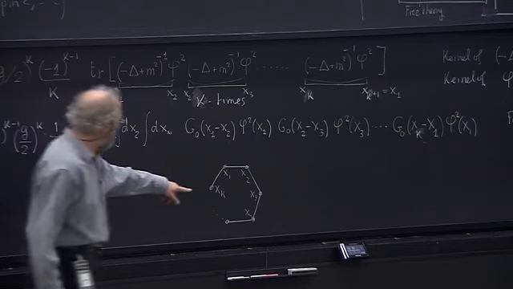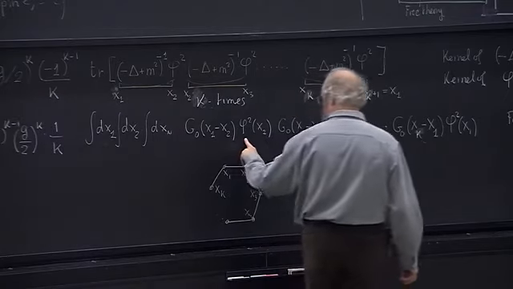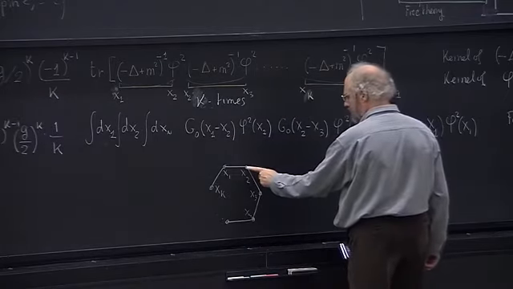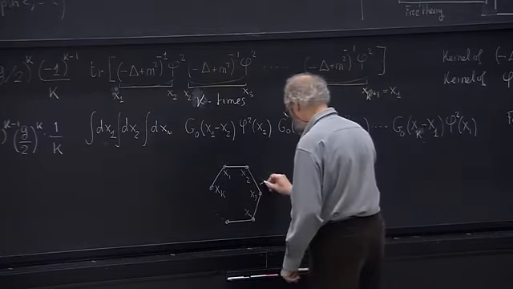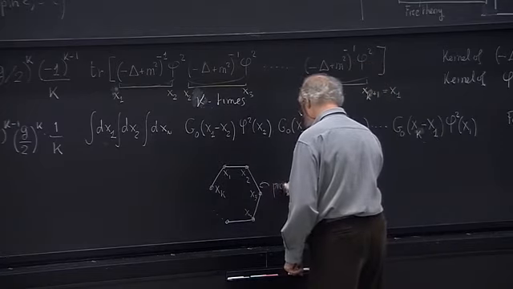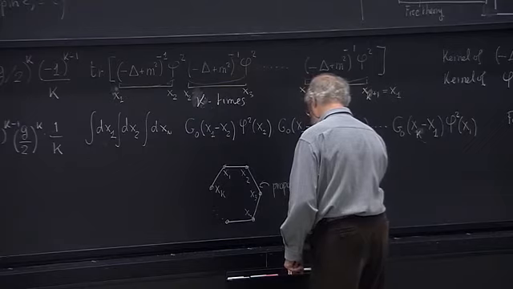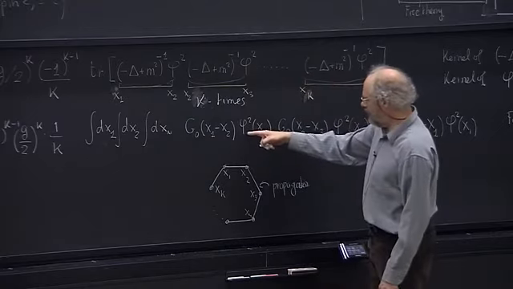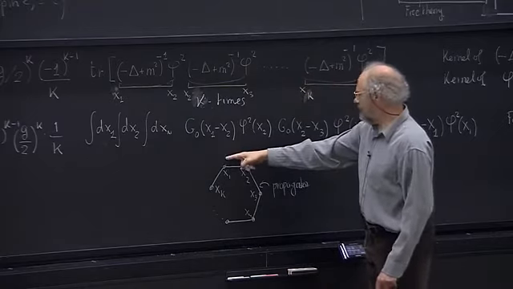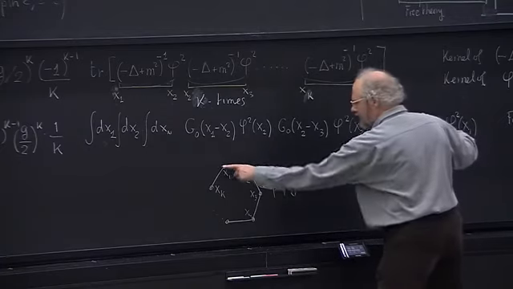Okay. And to each vertex, here is a propagator. And here is just a factor phi squared of x1. Here, phi squared of x2.